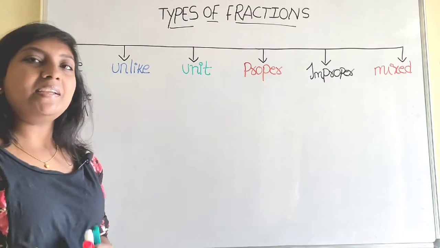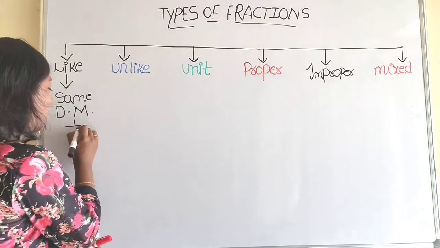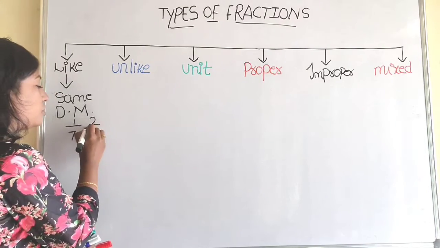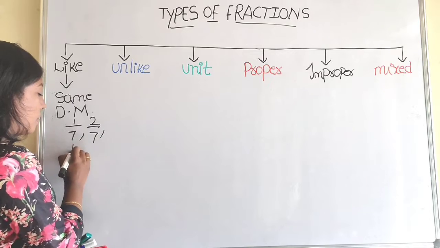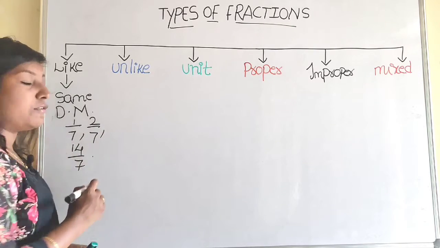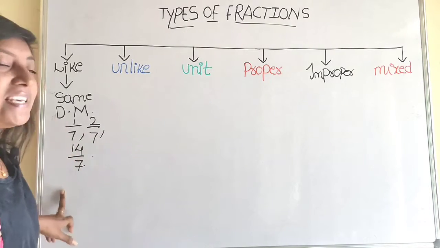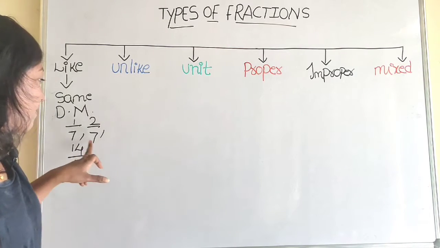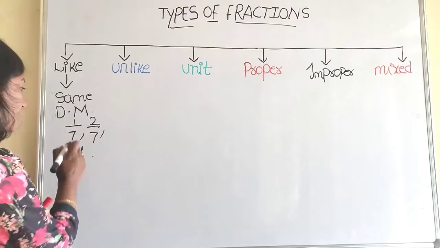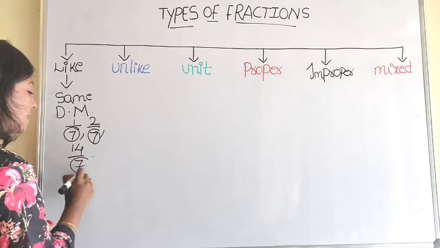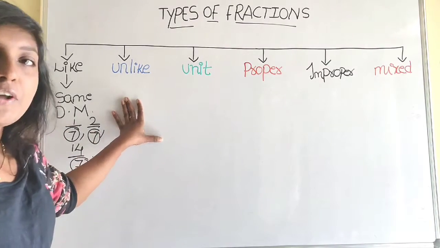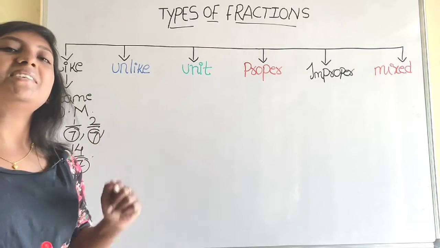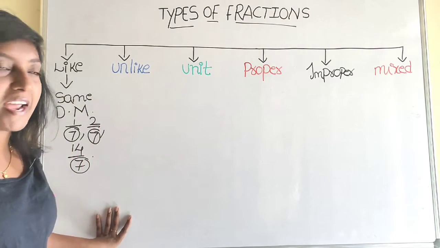For example, if I take 1 by 7, 2 by 7, 14 by 7. If you observe, all these examples have same denominators, 1 by 7, 2 by 7 and 14 by 7. So, the fractions that have the same denominators are called like fractions.